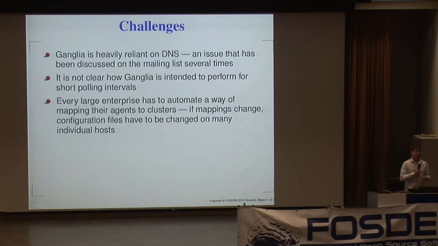You've seen the example before with the hosts grouped into clusters and grids, but when you install the Ganglia package on the host, how does it know which cluster to join? The current version of the agent is configured using a static text file, so you can include a text file in the package. You can also use a tool like Puppet.